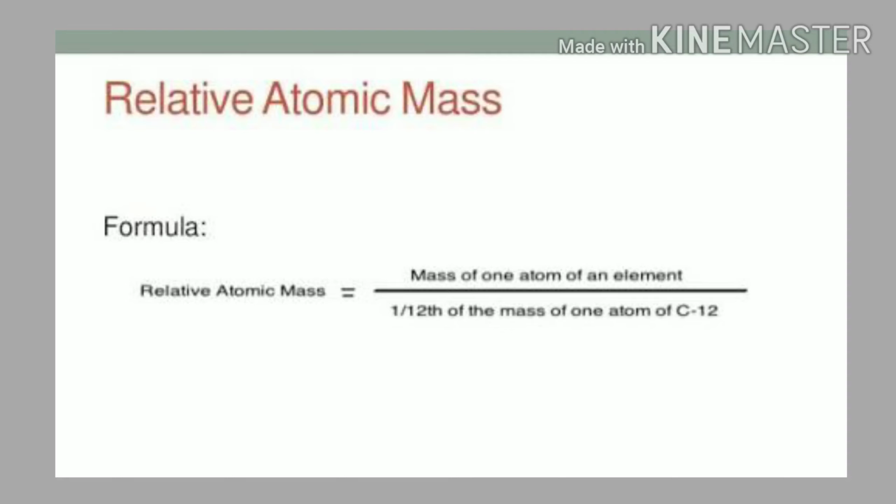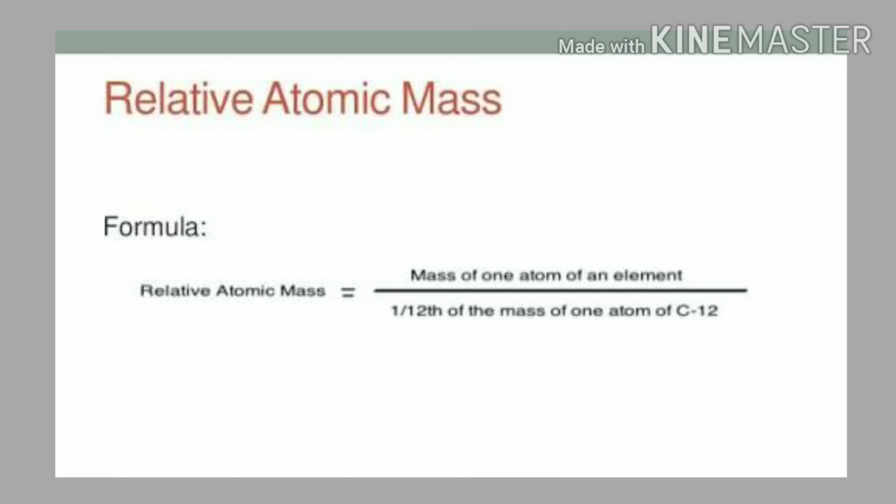For example, we will take the relative atomic mass of aluminium, that is 27. How do we calculate it? The atomic mass of the element is 27, so the relative atomic mass of aluminium is 27 divided by 1/12th of 12, which equals 27. So we get that the relative atomic mass of aluminium is 27.